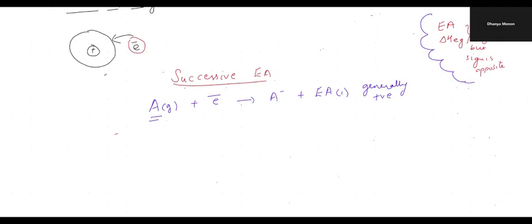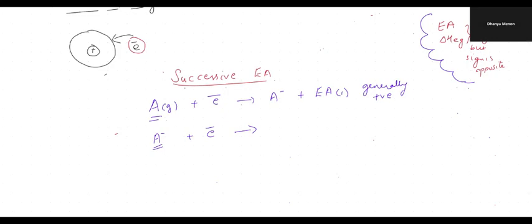But if I have this gaseous ion, and more electrons are coming, do you think the addition of an electron is easier now, or is it difficult? Obviously, it already has a negative charge, and attracting more electrons is a difficult task, right? So we have to give energy.